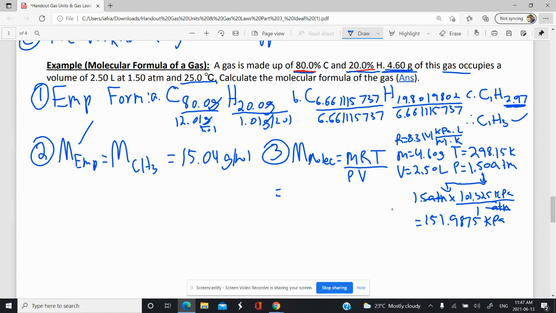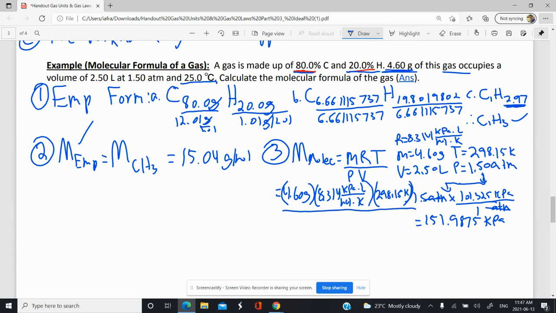So now we have our kPa value for pressure, and we can find the molar mass of the molecular formula. We can do our mass, which is 4.60 grams, multiplied by 8.314 kPa liters per mole Kelvin, times our temperature, which is 298.15 Kelvin, over the pressure and volume.